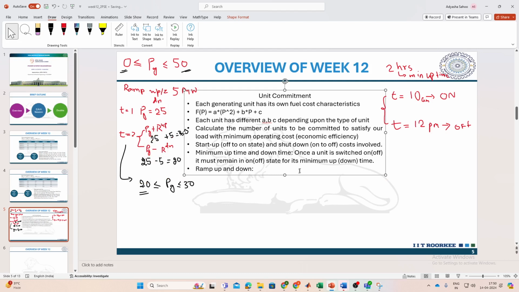Now, apart from this, we have your reserves. So, you have two types of reserve. Basically, first we will discuss your static reserve.